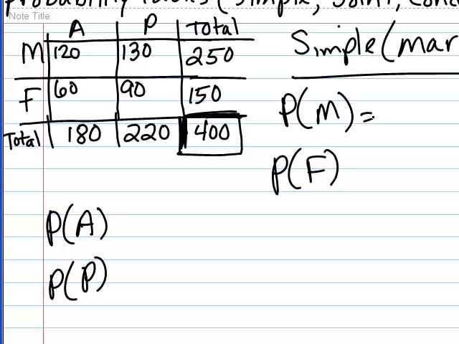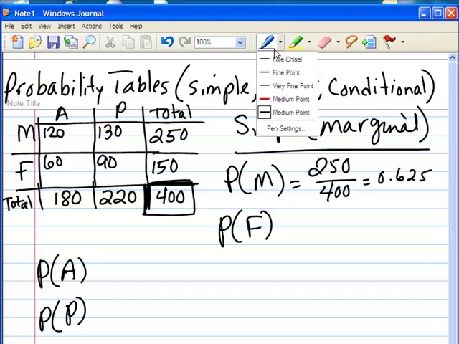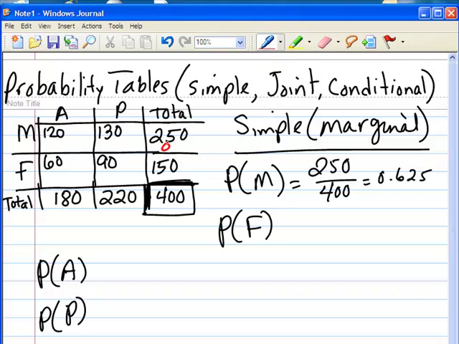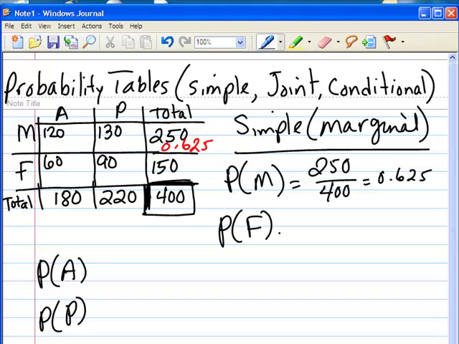So let's look. There are 250 men overall out of the group of 400, and that computes to be 0.625. So I can actually go here and write this as 0.625, and that's the probability I've computed for being a man. Now, the probability of being a female is the complement of being a man.